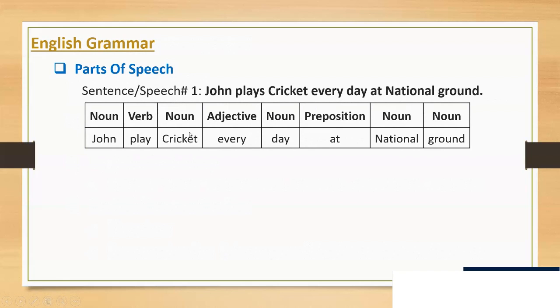Then play is actually a verb. Then cricket is a sports name, that is why it is also a noun. Then every is an adjective. Then day is a noun. At is a preposition. National is a noun, and ground is also a noun.